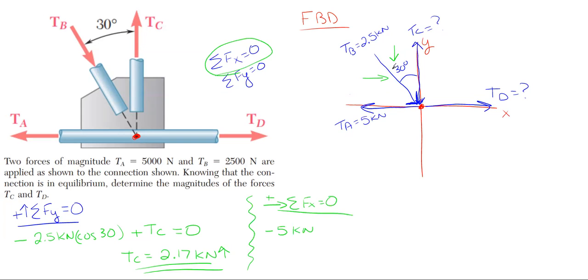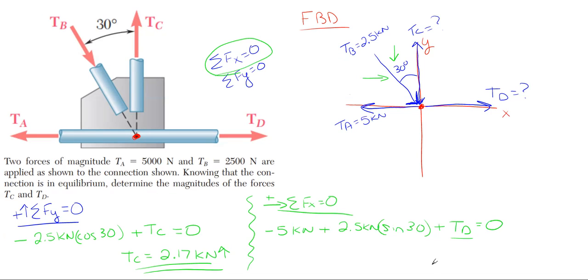TB's component in the x direction will be going to the right, so that will be positive TB, which is 2.5 kilonewtons. And this time, because the angle's off the y, I'm looking for the x. That angle's opposite of the x, and that will be sine, because sine is opposite. And then lastly, I have plus TD because it is going to the right. And that's all I have for the x.